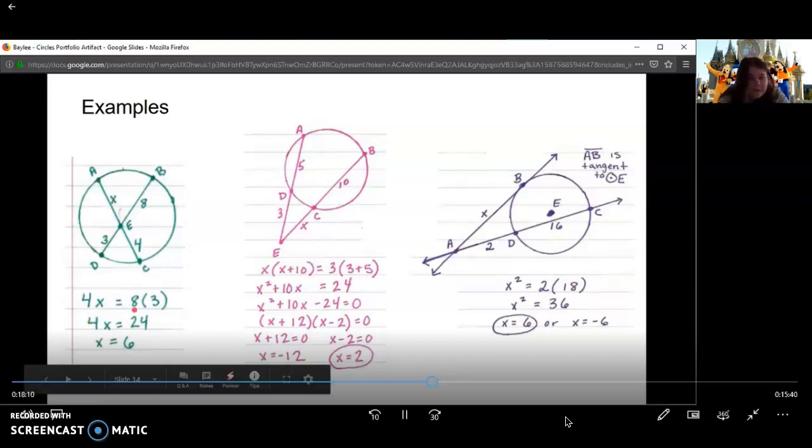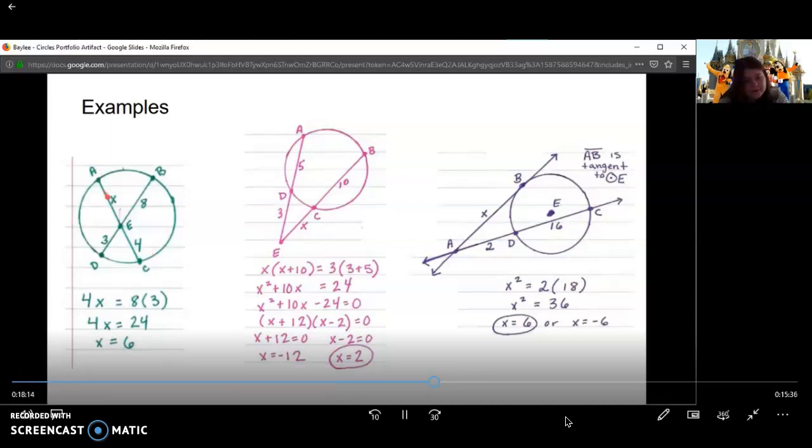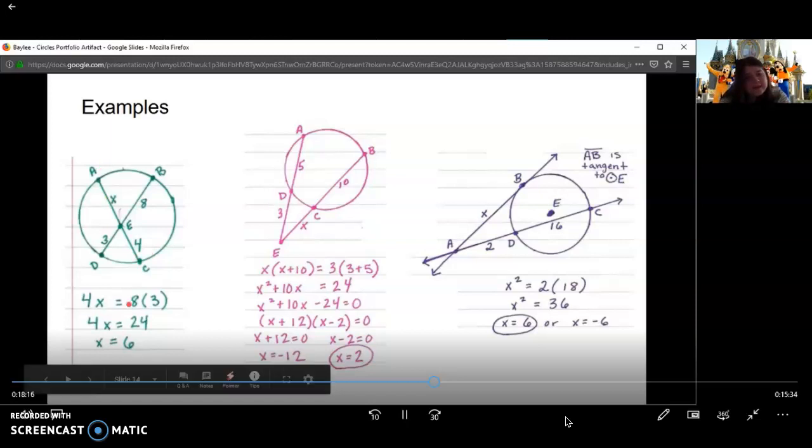So we get 4x for multiplying AE times EC, to get 4x is equal to, if you multiply BE by DE, 8 times 3. And 8 times 3 is 24, so 4x equals 24. If you divide both sides by 4 to get x alone, then x equals 6. So now we know that AE is equal to 6 units.